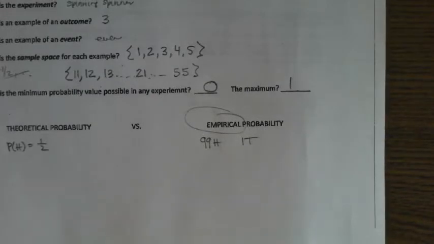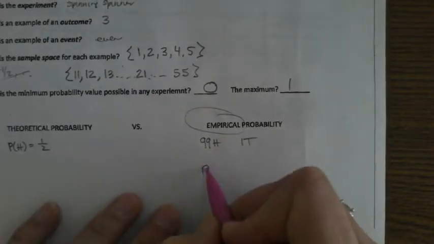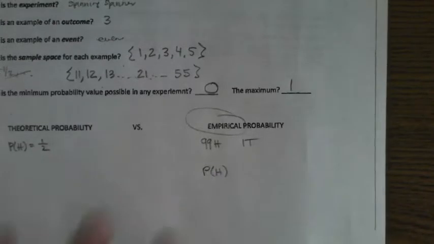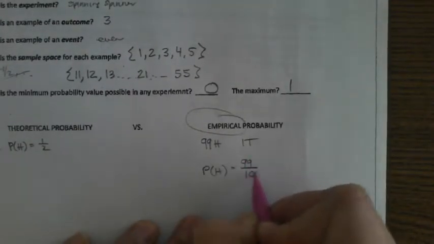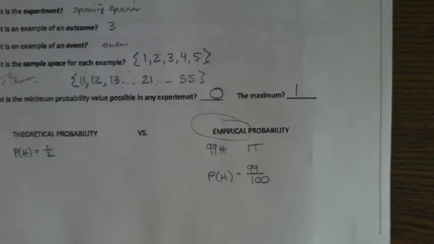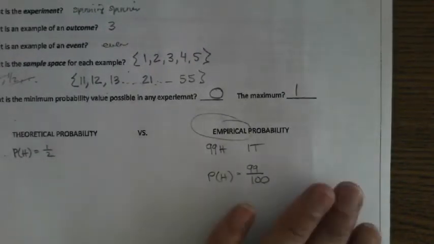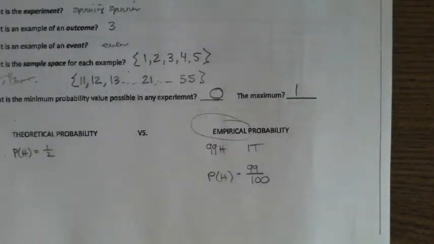Now, if you're about to flip that coin, empirically, you would say your probability of getting a heads is 99 out of 100. So empirical makes you base it on previous results. Now, obviously, in this case, we would be suspicious of the coin, right? Is it weighted funny?